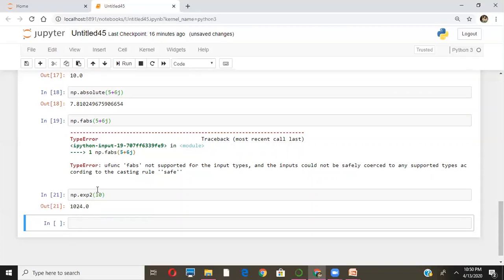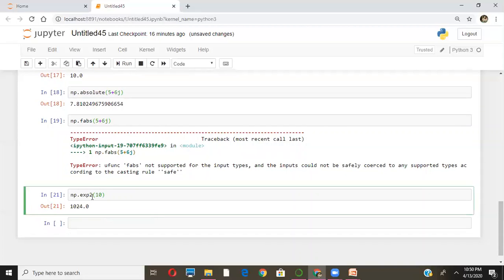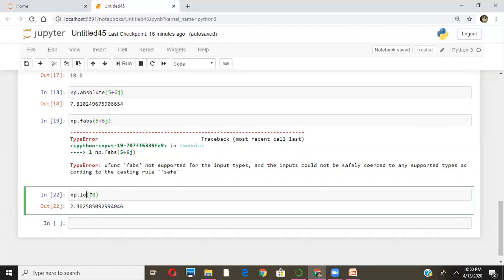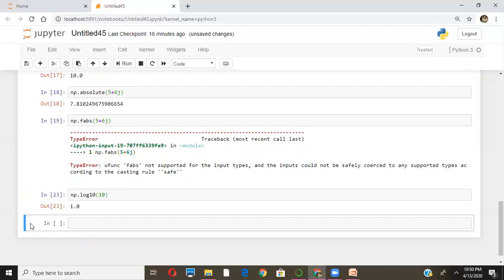And then you can calculate the logarithmic value of any particular value. You also have log10, the log to the base 10, so that value can also be calculated.